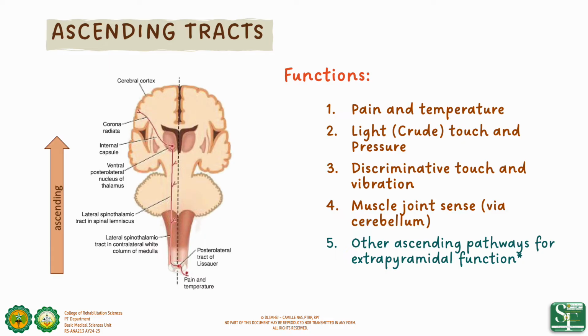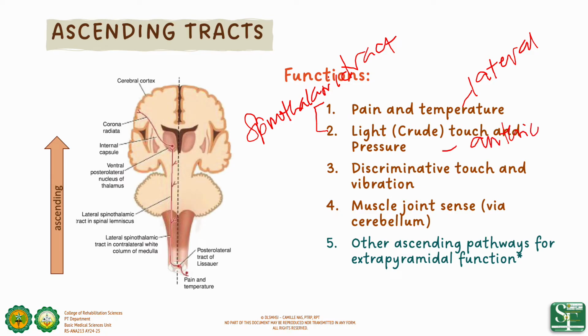Ayan. So, again, what are the functions of the ascending tracts depending on the tract, no? So, pain and temperature, light touch and pressure, these are for the spinothalamic tract. Pero may specific na fiber yan, ha? Pag pain and temperature, that is the lateral fibers of the spinothalamic tract. Pag light touch and pressure, that's the anterior spinothalamic tract.